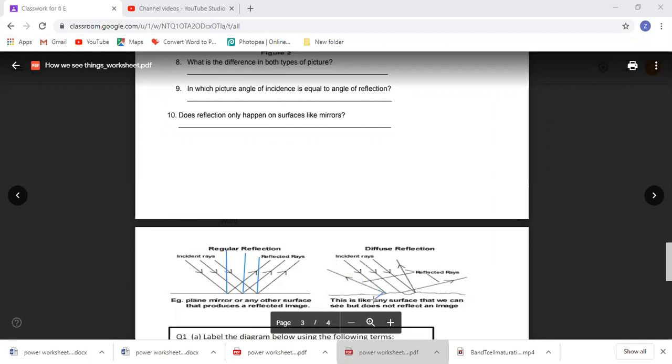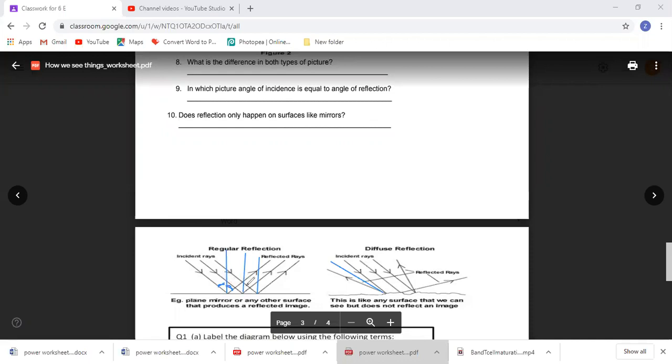Just like that, we are going to make a normal for this as well. We are going to make sure that there's a 90-degree angle over there. Now this is the incident angle and this is the reflected angle, right?